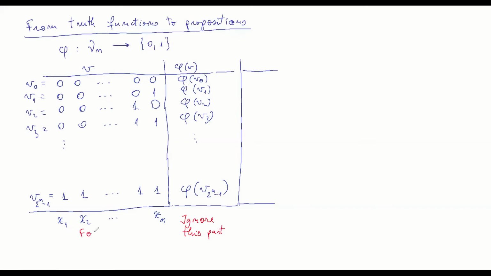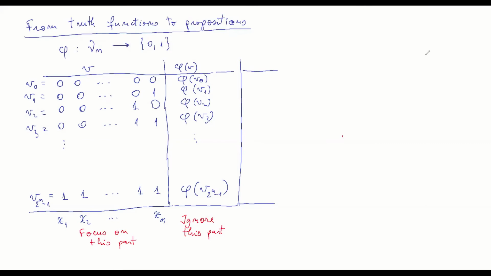In other words, focus on some sort of an encoding. I would like to have a proposition that describes, using the language of propositions, what this vector is. And I'm going to do it in the following way.